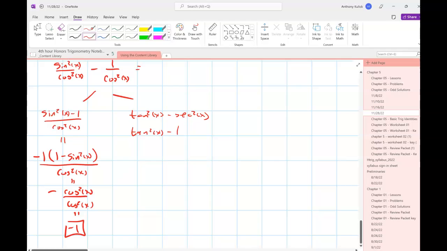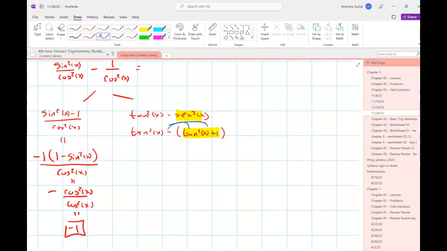Secant squared is equal to tangent squared plus 1. Now, critical there that you put the parenthesis around that, because secant squared is negative. So anything you're turning secant squared into, all of that stuff, the negative sign applies to. That was an identity. Secant squared is tangent squared plus 1.